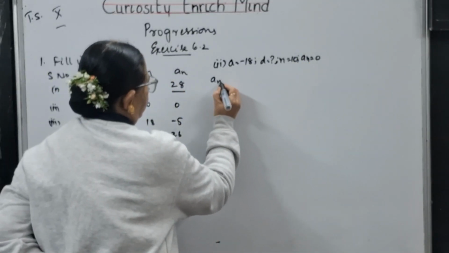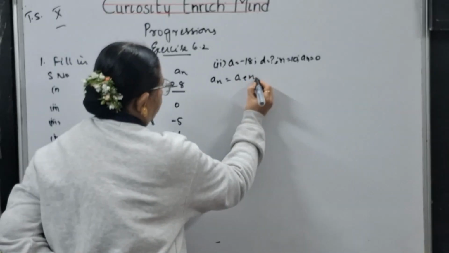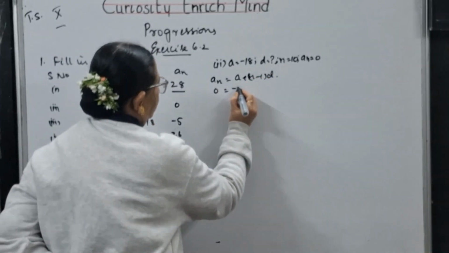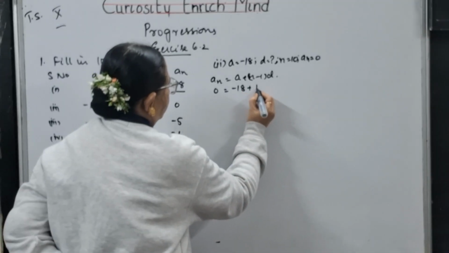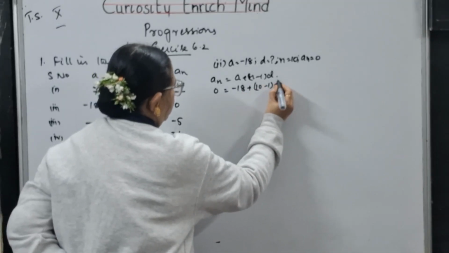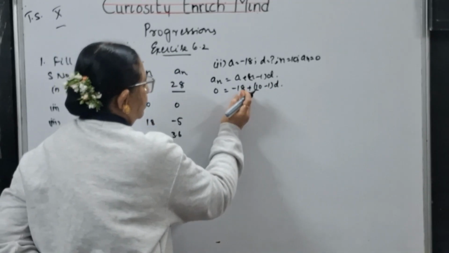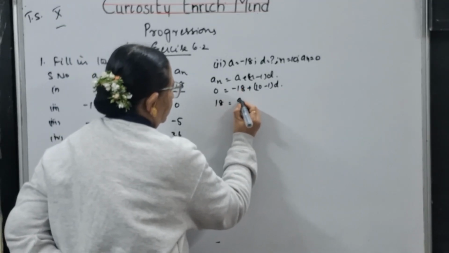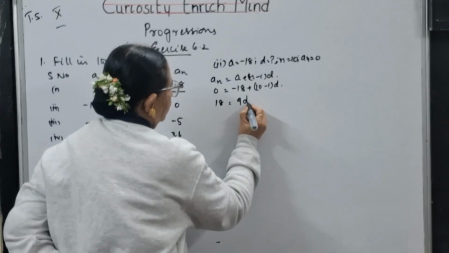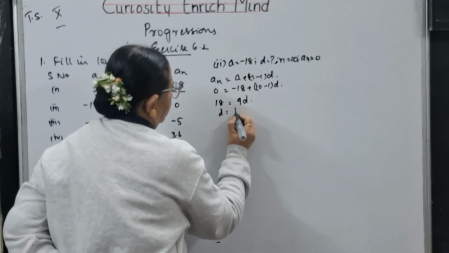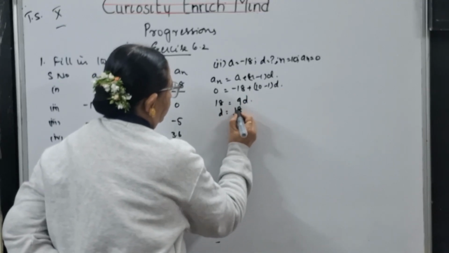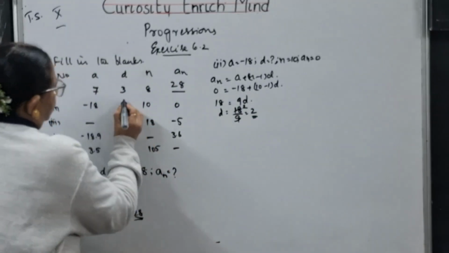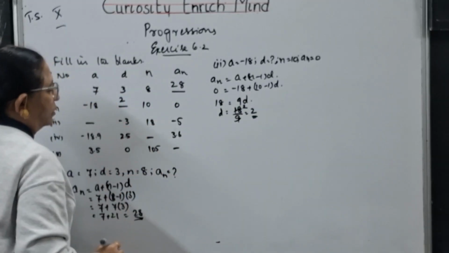So, AN is equal to A plus N minus 1 into D. This is 0 is equal to minus 18 plus 10 minus 1 into D. That means let us bring this here. 18 is equal to 9 into D. So what is D? 18 by 9, 9 ones are 9, 9 twos are 18. D is equal to 2. So I need to write 2 here.